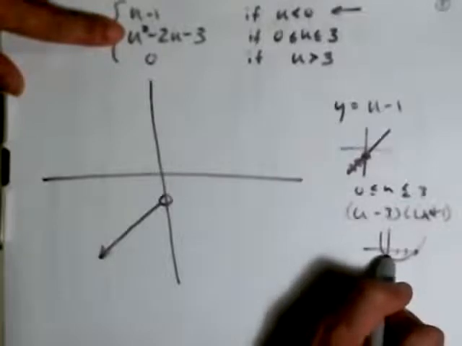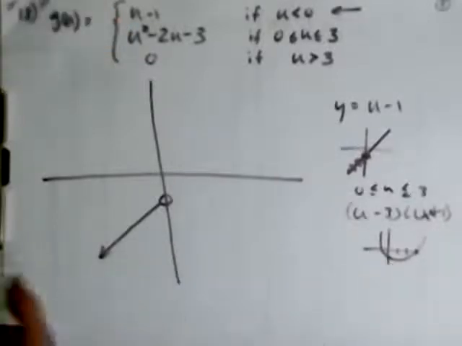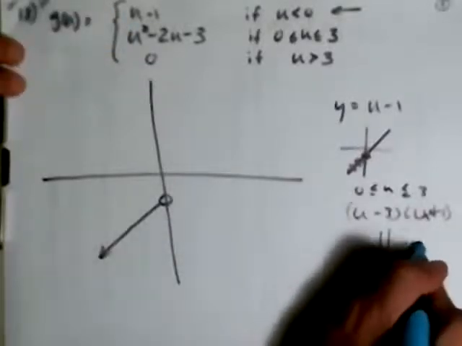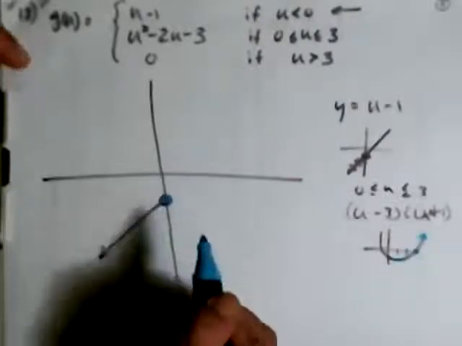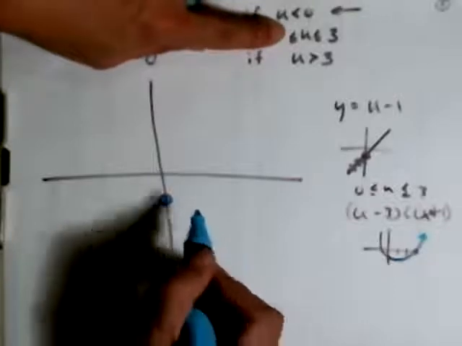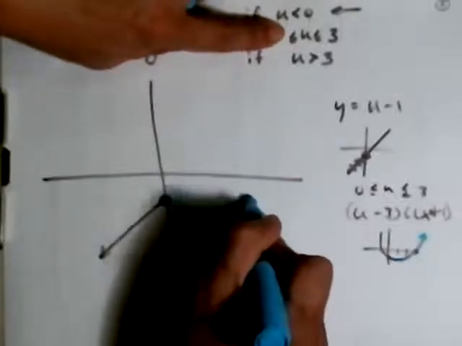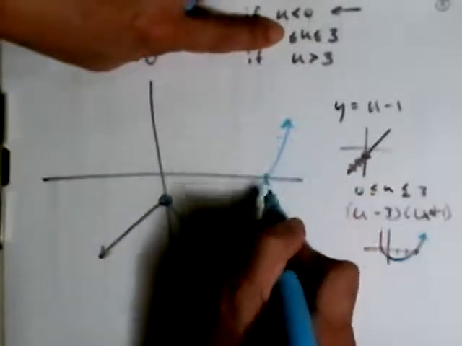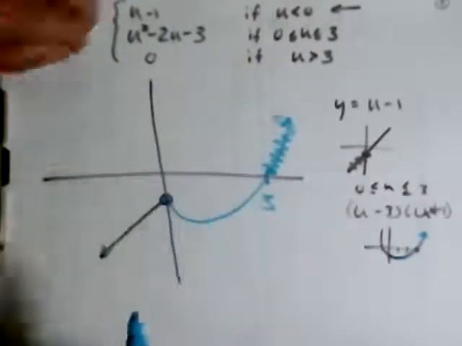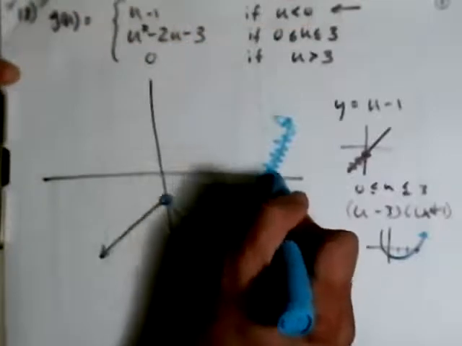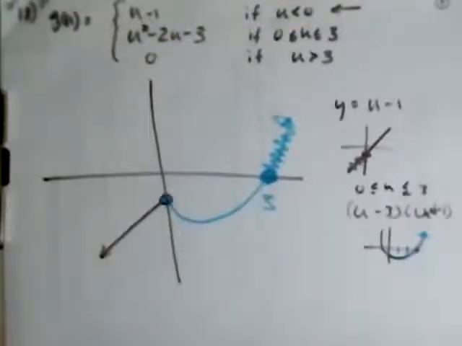I'm going to use a blue. So I'm going to use this piece right there. It's going to fill it up because it's equal to it, and then it goes like this. And that's 3. Whoops. I have to stop right there, don't I? Because it's equal to 3. So there it is right there.